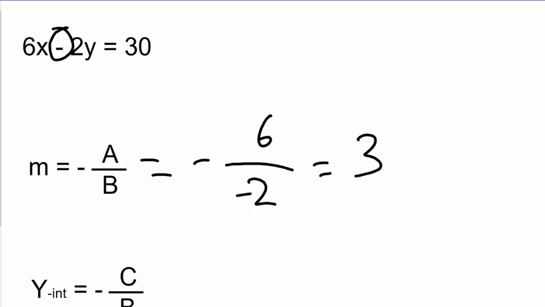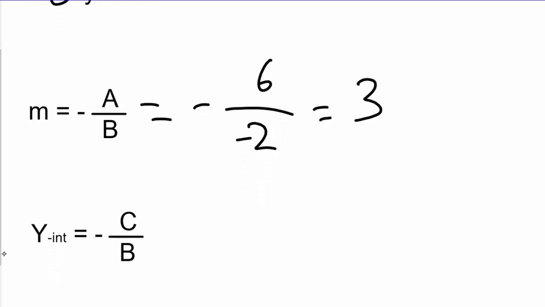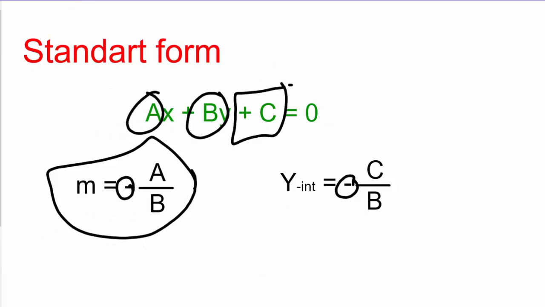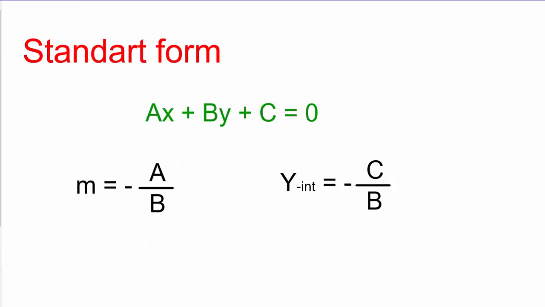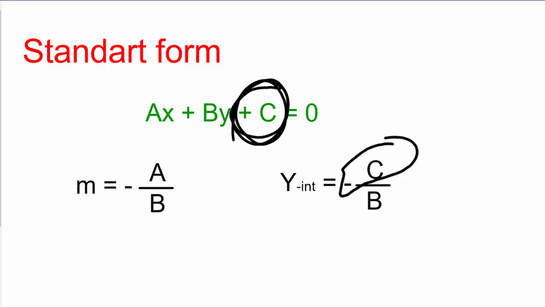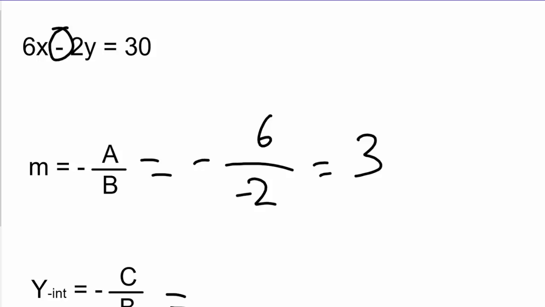And for the C, now I go back to the formula. Y-intercept is C, negative of course, divided by B. And C is right here. So C is there.